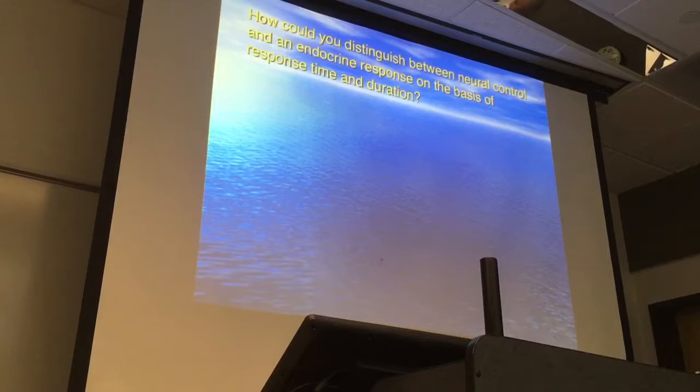Good question, Bridget. How could you distinguish between neural control and an endocrine response on the basis of response time and duration? We'll take response time first. So, response time for neural or endocrine control? Neural is fast and endocrine is much slower.